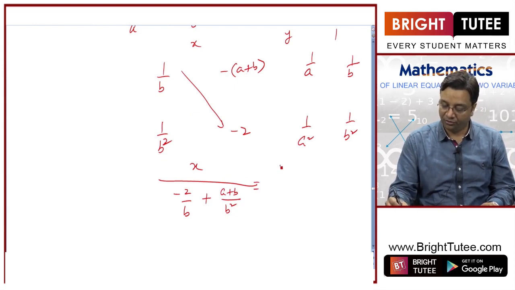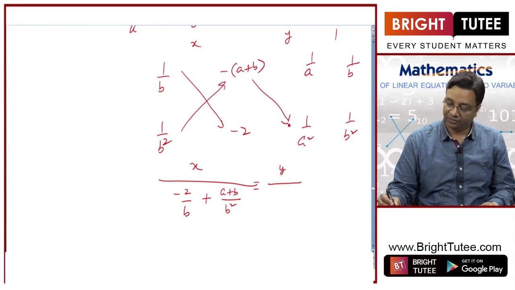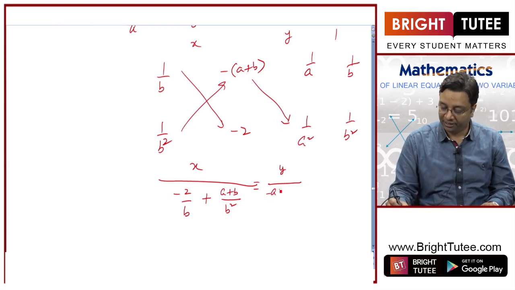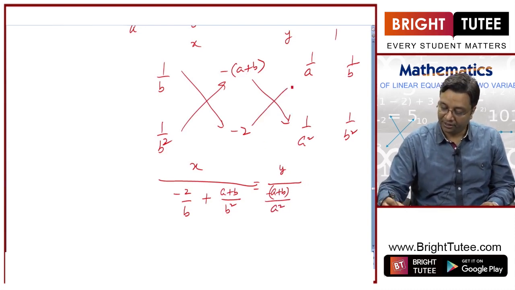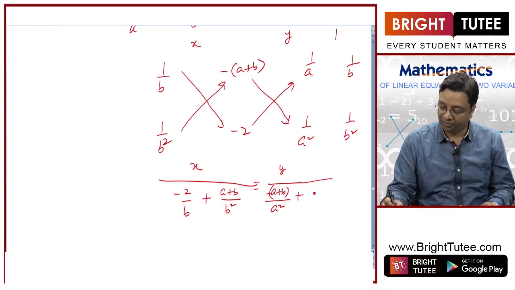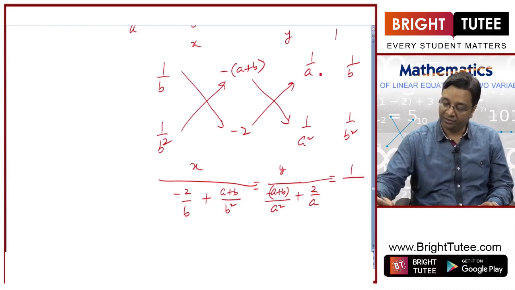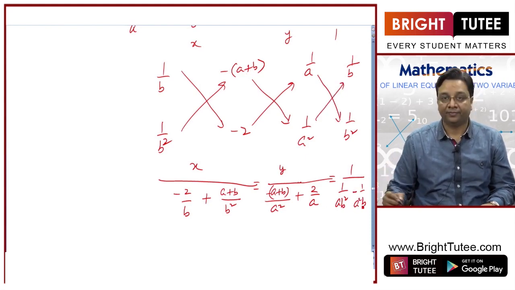It is equal to y divided by this product, which is minus a plus b divided by a square, okay, and then minus of minus 2 by a, that is plus 2 by a, and it is equal to 1 divided by this product, which is 1 by a b square minus 1 by a square b.